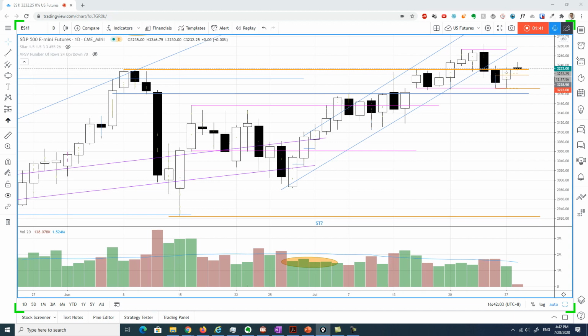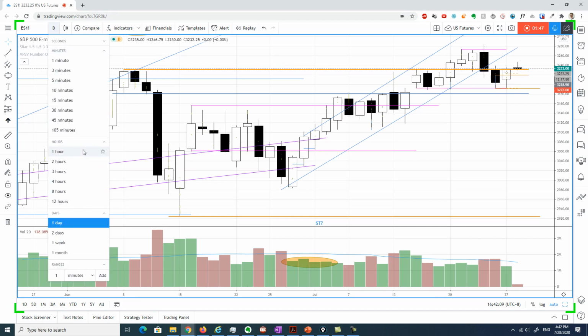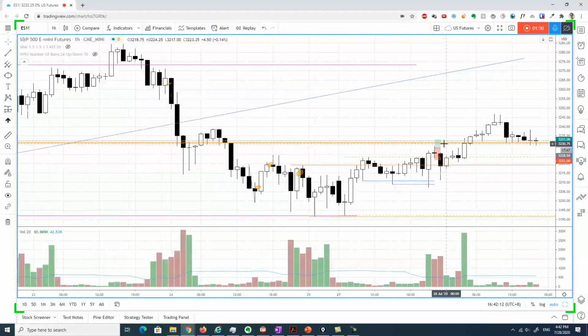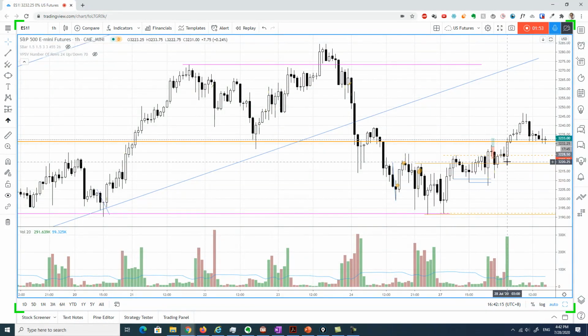So let me get down to the hourly time frame, the H1 chart, so we can get a little more detail. In this hourly chart, quite a few things stand out. Firstly, I talked about the shortening of the downward thrust and also the down wave.